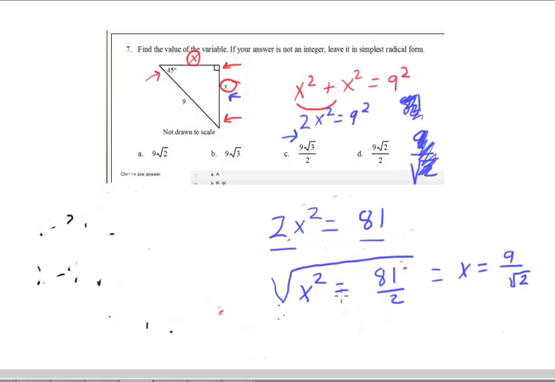And again, that makes it a lot cleaner. So then we multiply this by the square root of 2 over the square root of 2. And that's where this denominator becomes 2, and my numerator becomes 9 times the square root of 2, which is here. All right, sorry about the confusion.